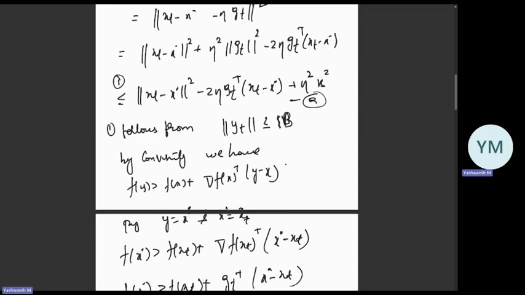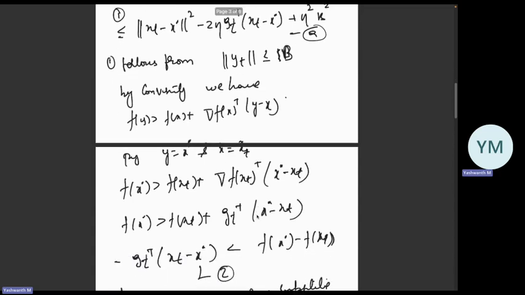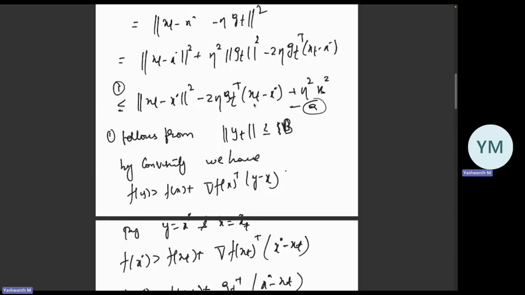Now substitute y equal to x star and x equal to x_t. What we end up getting is f of x star greater than or equal to f of x_t plus the gradient of f at x_t transpose times x star minus x_t. Now remember, why we are doing all these things is that we would like to upper bound this quantity.